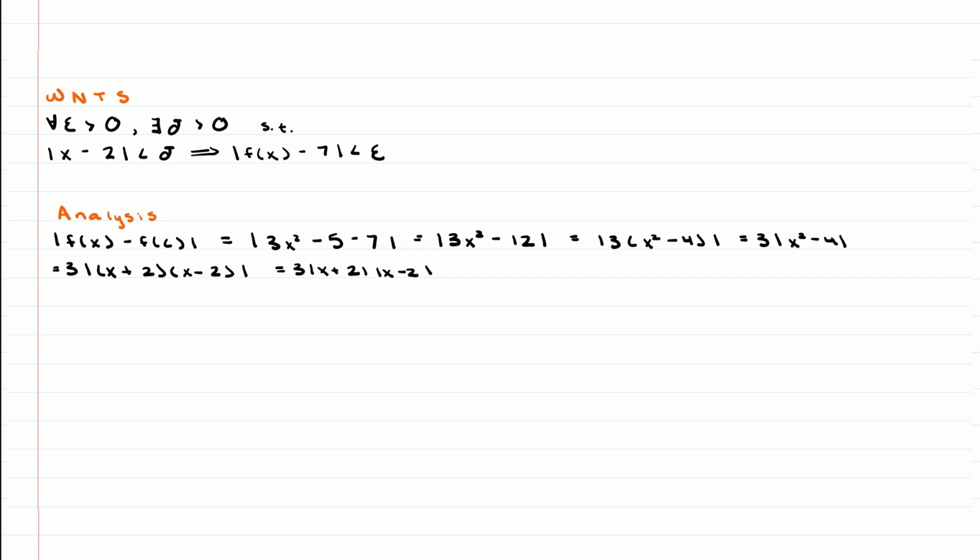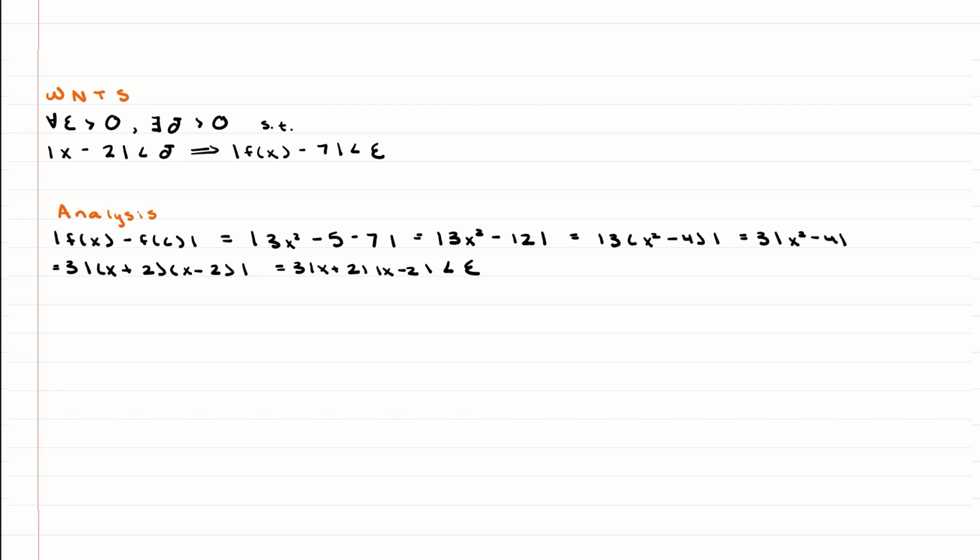At this point, I'm going to go ahead and say this is less than epsilon. Now, because we know that epsilon is typically an arbitrarily small number, and 3 times the absolute value of x + 2 times the absolute value of x - 2 definitely has the potential to become a really big number, we need to put some constraints on that part to ensure that it actually is less than epsilon.